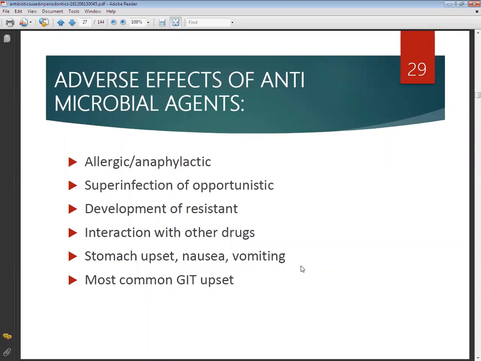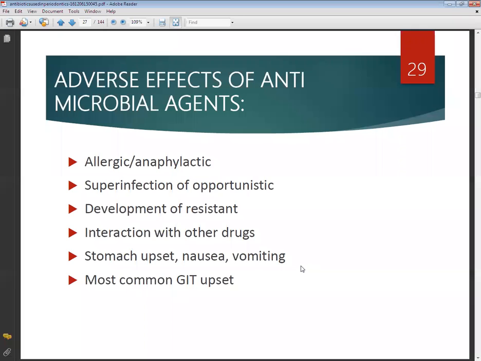Anaphylaxis can be seen in patients having adverse effects of systemic antibiotics. The second is superinfection or opportunistic infection; patients may develop superinfection in response to the antibiotic. Third is development of resistance. If a patient is medically compromised and uses systemic antibiotics for a longer period of time, they can definitely develop resistance to those particular drugs.